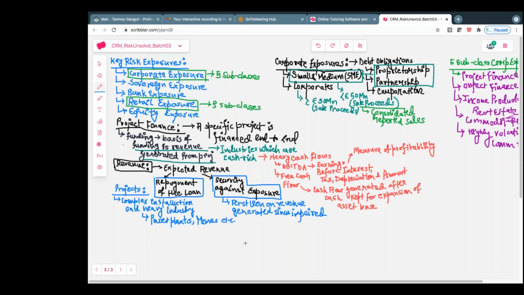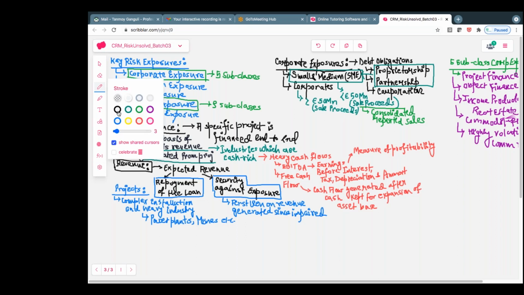So these kinds of industries, electricity generation, chemical plants, fall under this kind of installations, or under this kind of financing.